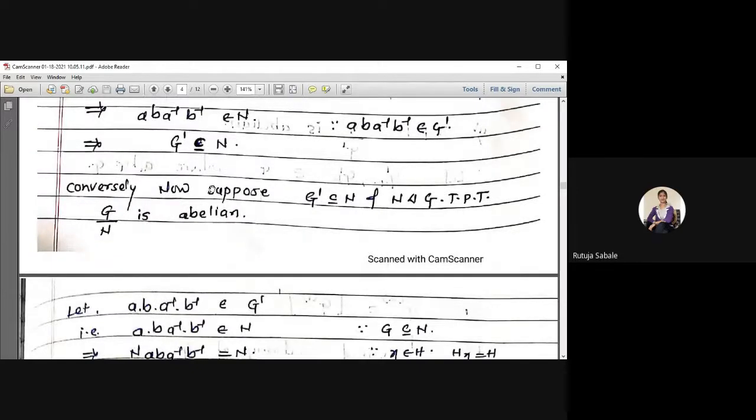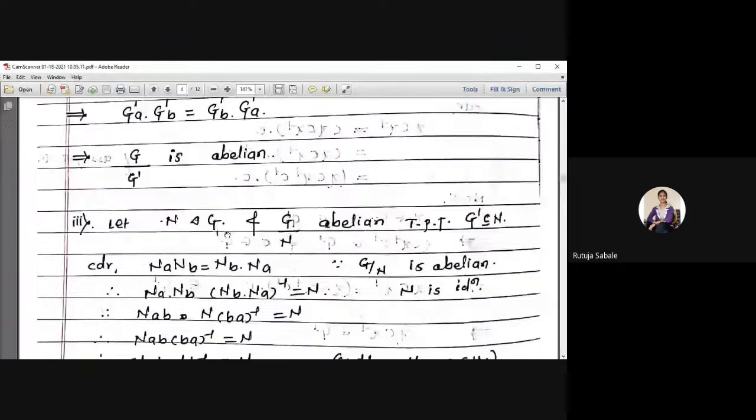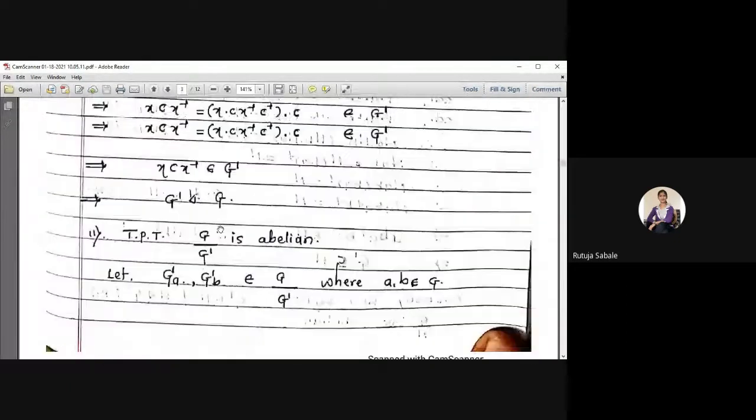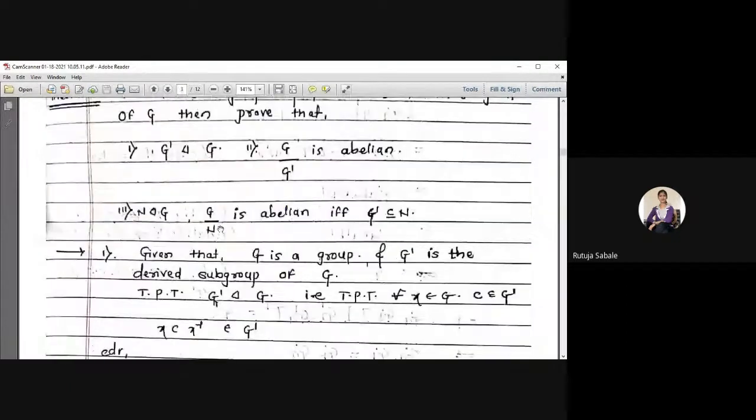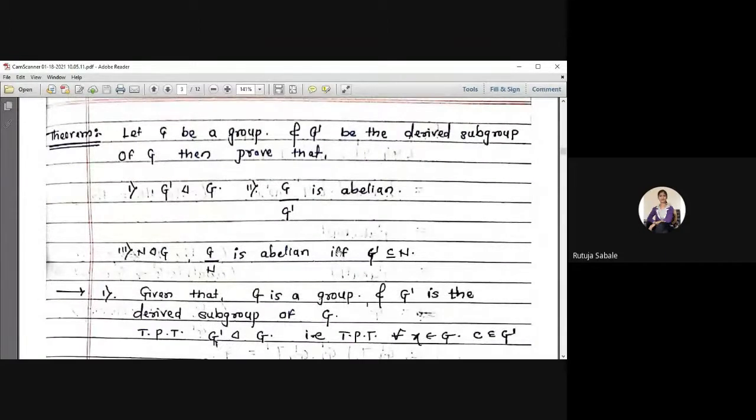Conversely. Now suppose G' is contained in N. N is normal in G, so that G by N is abelian. In the theorem, it is if and only if.